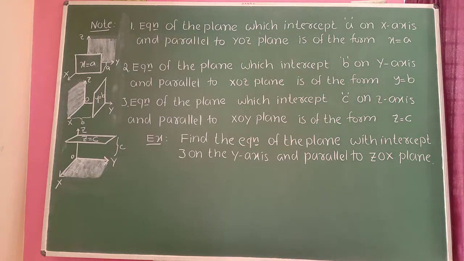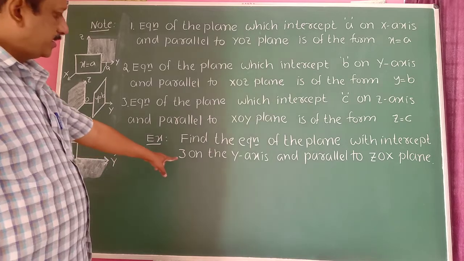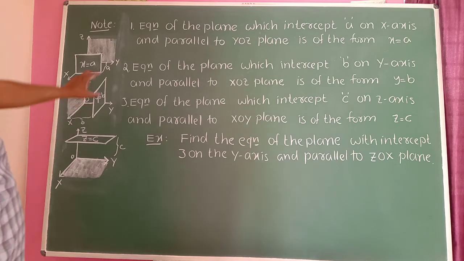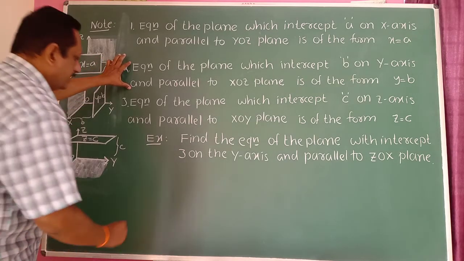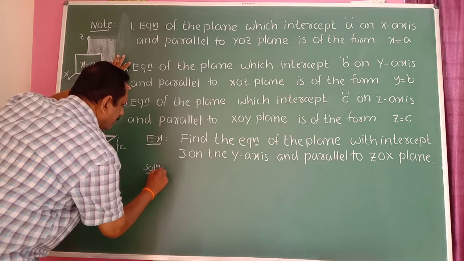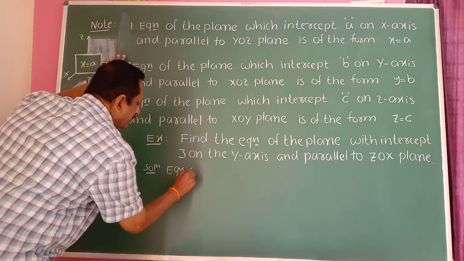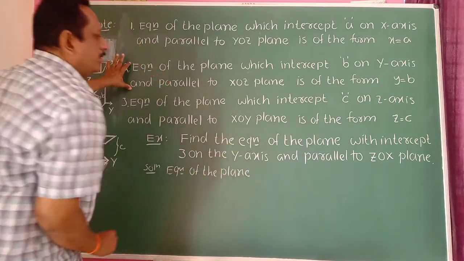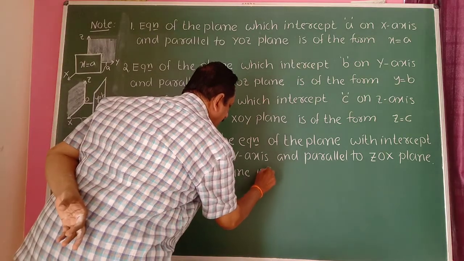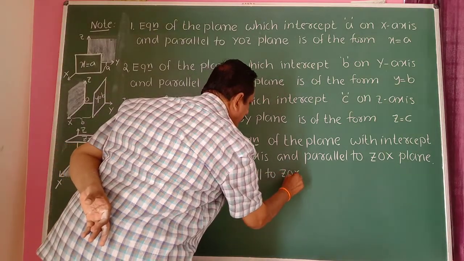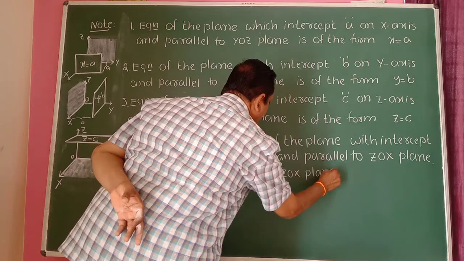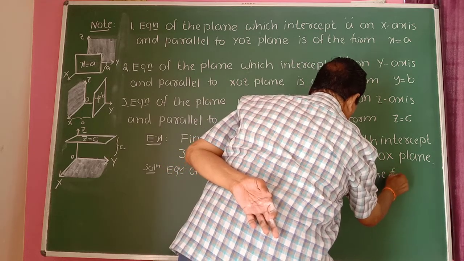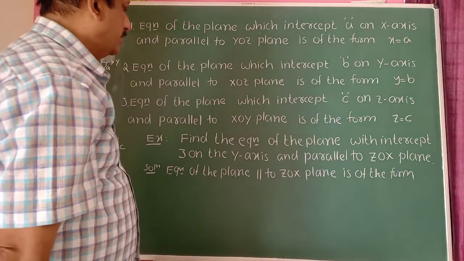Example: find the equation of the plane which intercepts 3 on the y-axis and is parallel to the zOx plane. I use this result here. Therefore the equation of the plane parallel to the zOx plane is of the form y is equal to b.